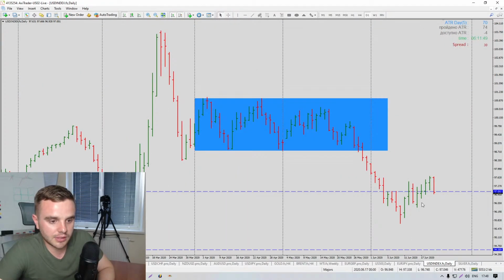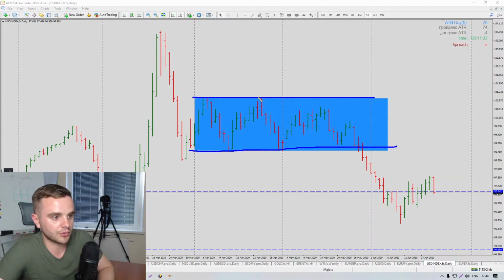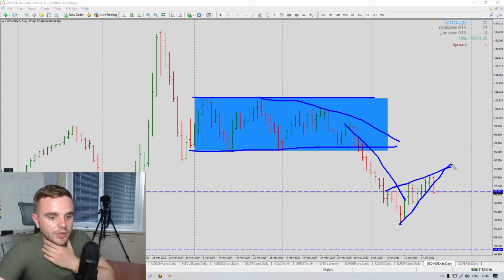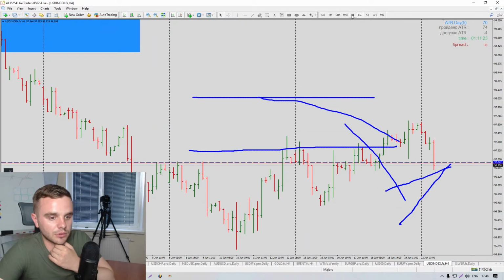About dollar index, controversial. Why? Because global trend from this accumulation, as you can see, is down. I think you can see it. Price was in this rising wedge, and at this moment you should wait where D1 will close, because we have this local key level.